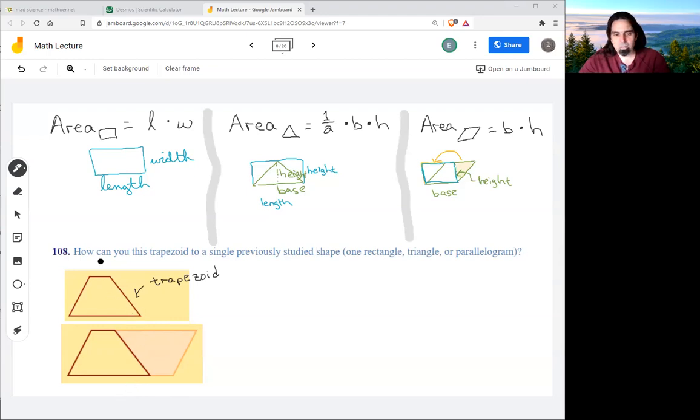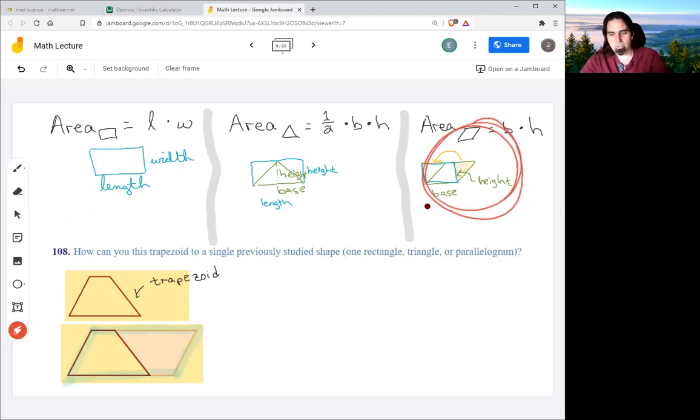Take a piece of paper, cut out, or put 2 pieces of paper, one on top of each other, and then cut out a trapezoid. So you have 2 copies of the same one because you made your paper double thick. And then take the second one and you kind of are rotating it. See how that one is turned halfway around compared to the other one? And now I have a shape that I know what to do with. This is a parallelogram.